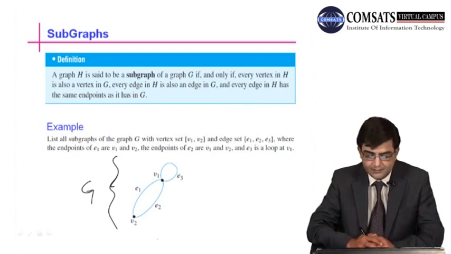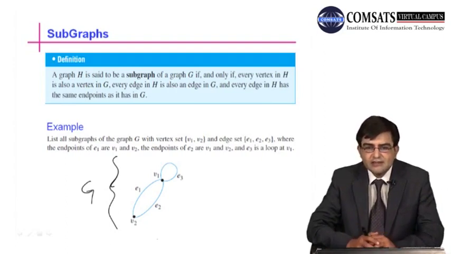This graph has two vertices V1 and V2 and three edges E1, E2 and E3. E3 is a loop and E1, E2 are parallel edges.